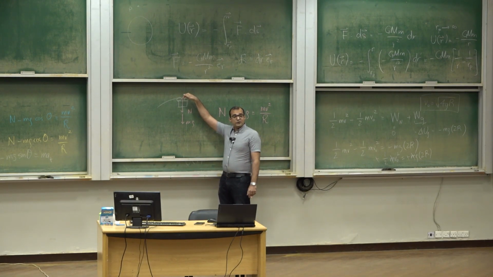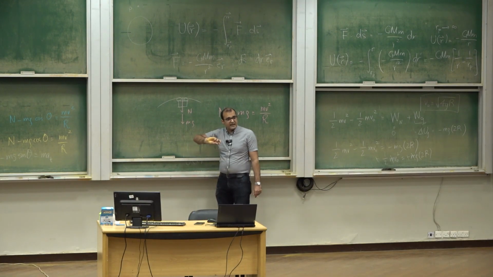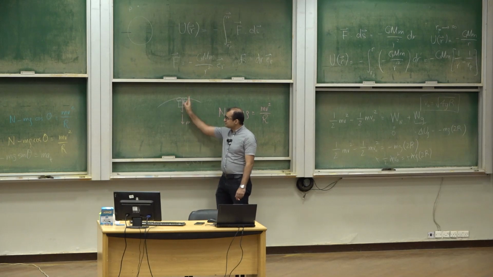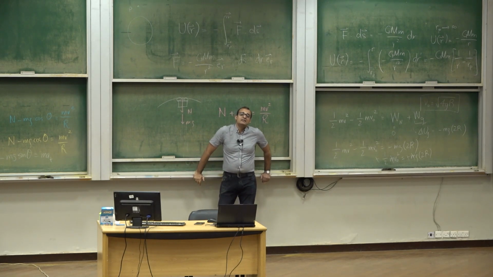That means the normal force, if normal force is always a pushing force, it should always point like this. If my normal force becomes negative, that means the normal force is pointing like that. Which means this is a physically impossible situation. If Newton predicts that you have a physically impossible situation, what will happen? That thing will never happen.